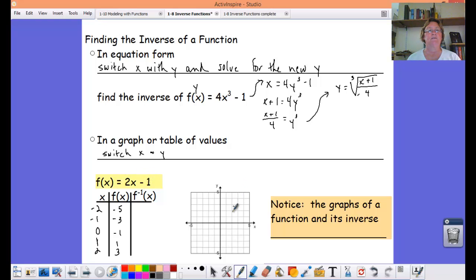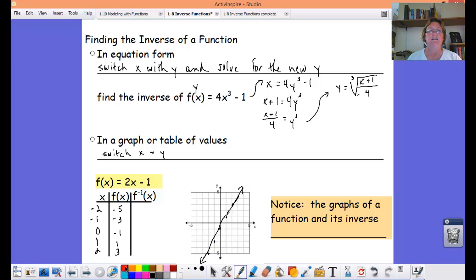Let's go ahead and plot those things. -2 and -5 down here, -1 and -3, 0 and -1, 1 and 1, and finally 2 and 3. So that line goes right through there.